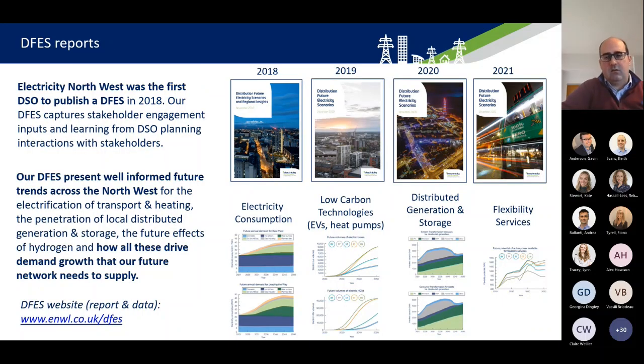So coming to the data you can find around our forecasts, there is a lot of information and graphs that you can find in our DFES reports. Electricity Northwest was the first DNO to publish a DFES.